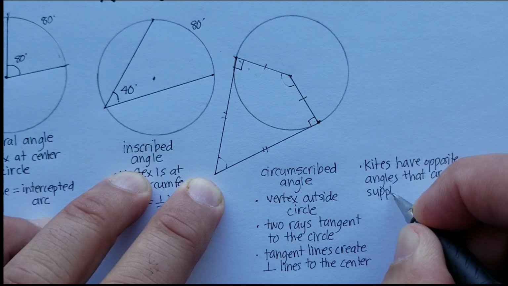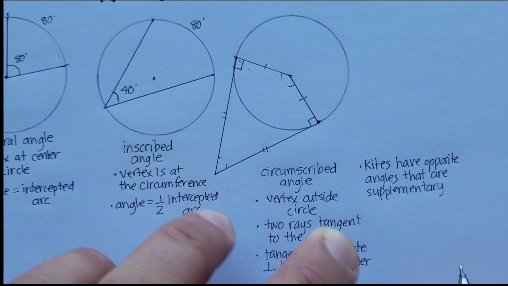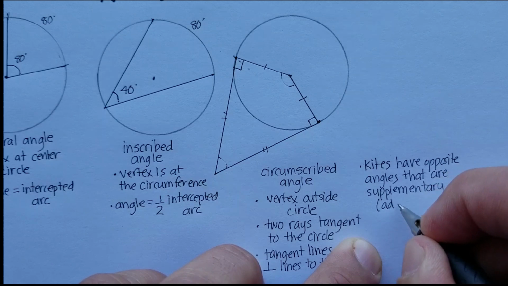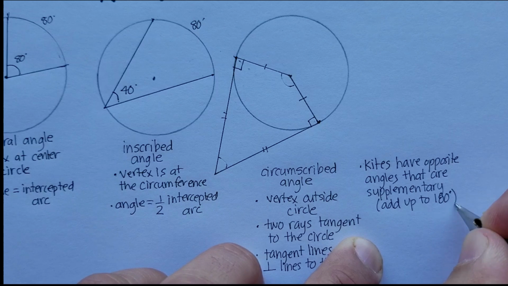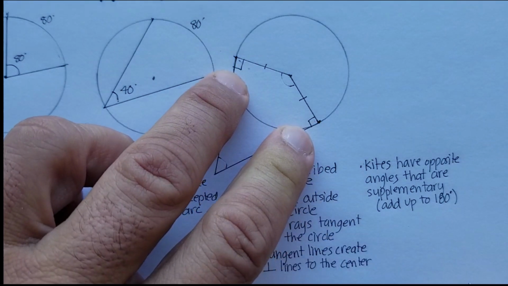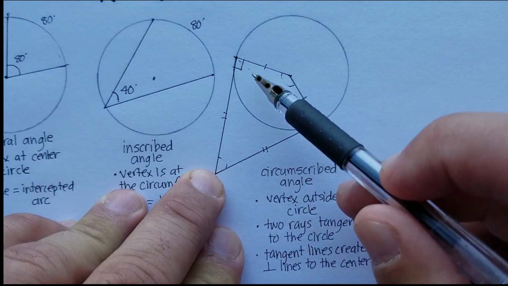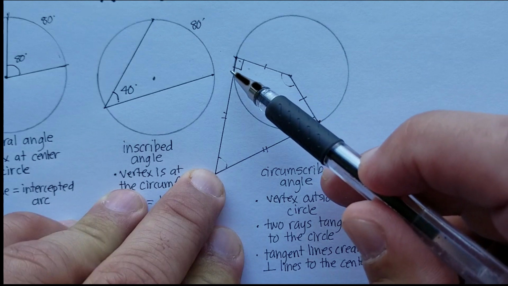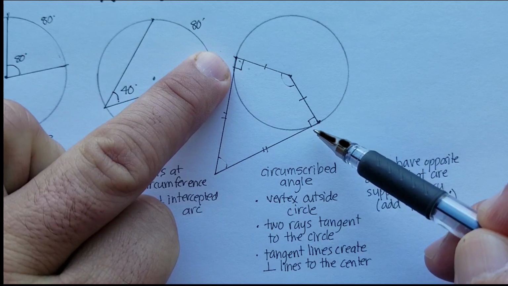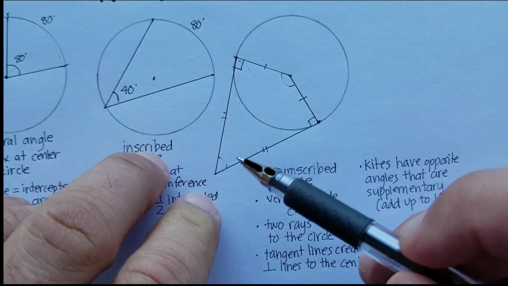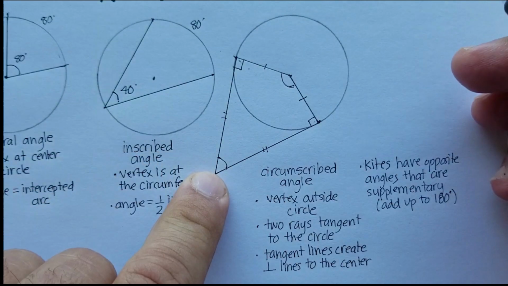And remember that supplementary means they add up to 180 degrees. Now that makes some sense with our perpendicular lines, doesn't it? Since these are opposite each other, and we know that they are tangent lines, we know they form right angles, so this angle and this angle add up to 180 degrees, which means that this angle and this angle must add up to 180 degrees.